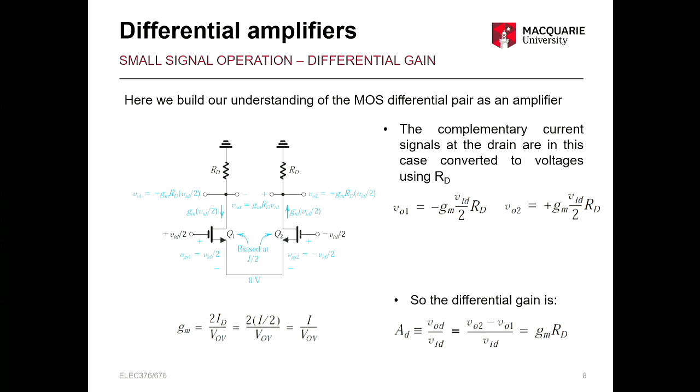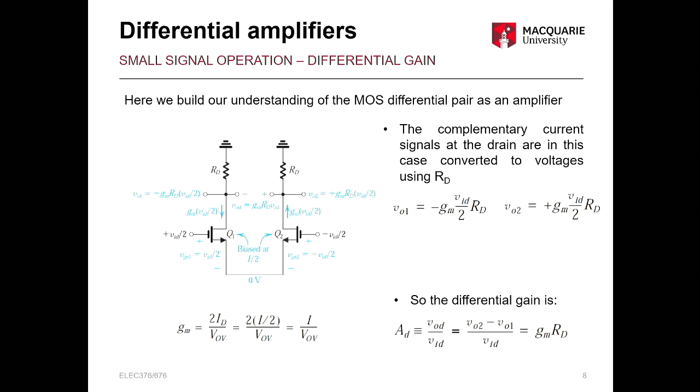So the complementary current signals at our drain give rise to these output voltages. So you can see on the Vout1 we have the negative because we have the current flowing down. Vout2, current's flowing up, we have a positive. So you can just take those outputs single-ended, or we can get our differential output.